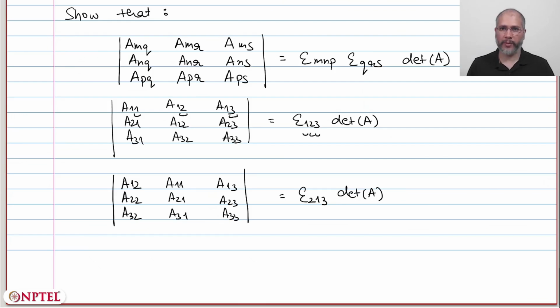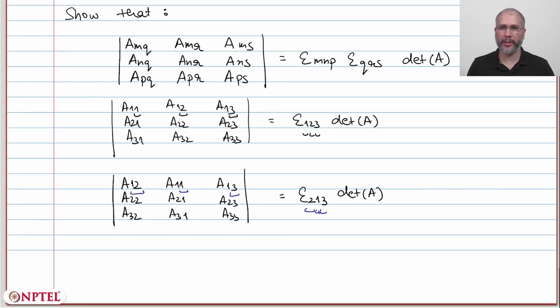So if we swap the first two columns, the indices are 2, 1, and 3. So this is a known relationship, so we have used that.